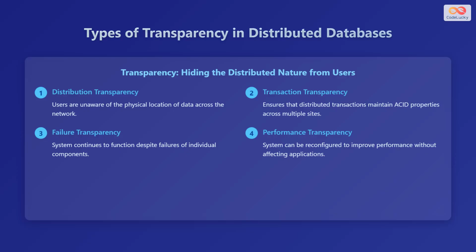Secondly, transaction transparency ensures that distributed transactions maintain atomicity, consistency, isolation, and durability properties, which is called ACID properties, across multiple sites. Thirdly, failure transparency means the system continues to function even if some components fail. Lastly, performance transparency ensures the system can be reconfigured to improve performance without affecting the applications that use it.